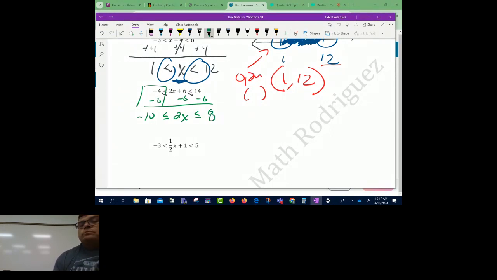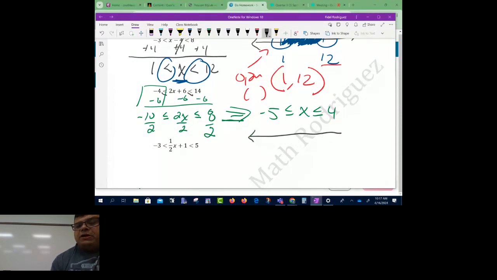Okay. My last step, y'all, I'm going to go ahead and divide everything here by 2. Now it's a positive 2, y'all, so my inequality signs aren't flipping or anything. Okay, and let's see, negative 10 divided by 2, negative 5, less than or equal to x, less than or equal to 8 divided by 2 is a 4. Okay, so let's draw the graph first. So here's my graph.